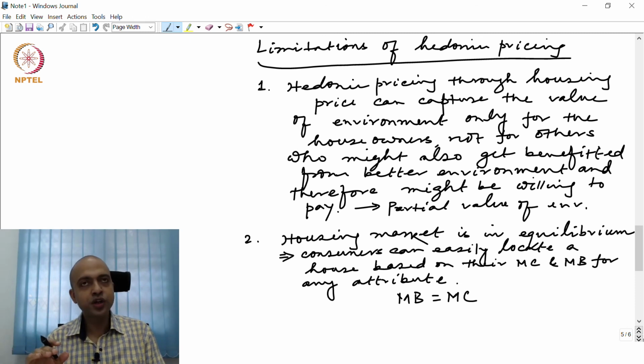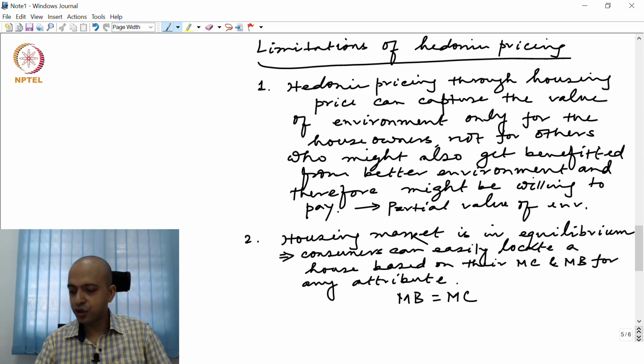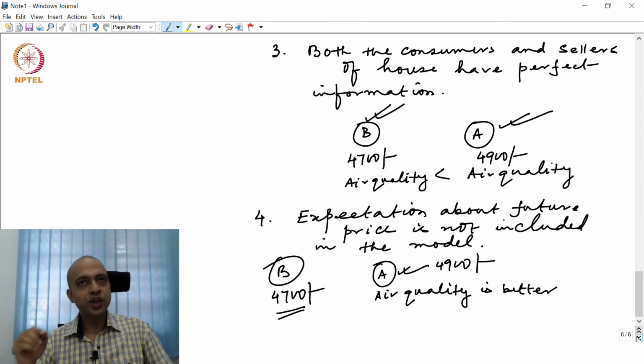Secondly, we assume that the housing market is always in equilibrium. That means the consumer can easily locate a house by equating marginal benefit and marginal cost of any attributes. Thirdly, we assume that there is perfect information for both buyers and sellers. In reality, it may not be the case.